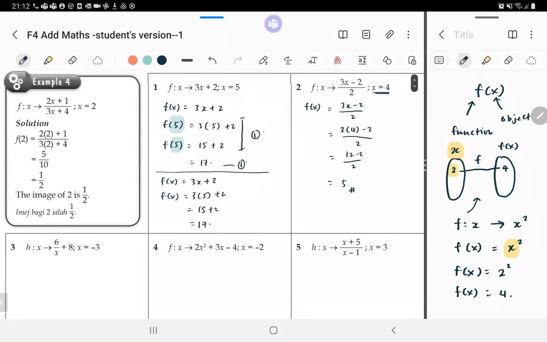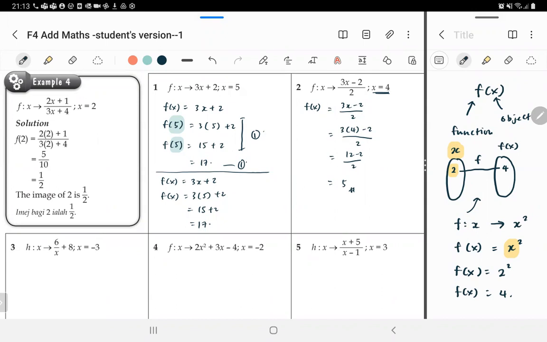Need the example. Okay, example here. So quick.